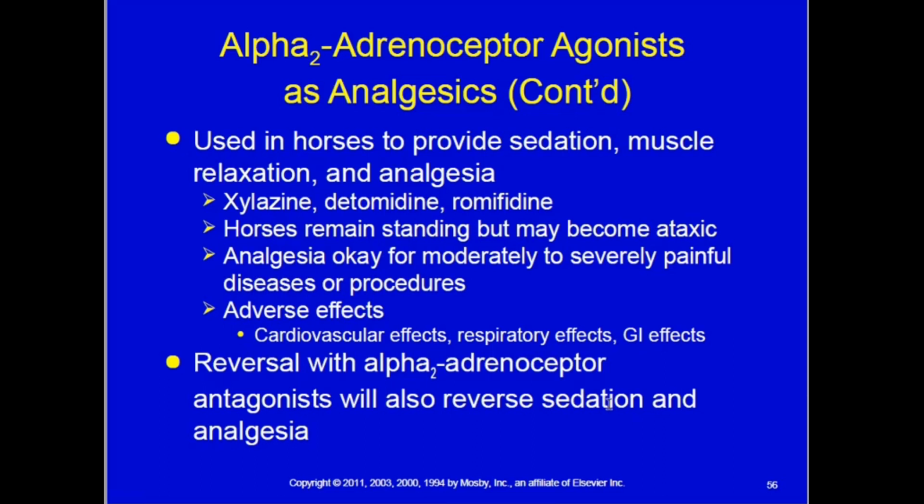This alpha 2 adrenoreceptor agonist is used in animals to provide analgesia and sedation also. If doses are given very high, it may also cause adverse side effects like hypotension, then respiratory effects.